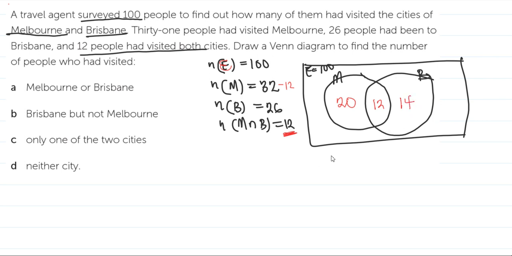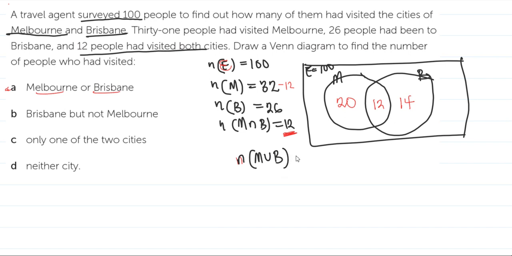The question says in part A that we should draw a Venn diagram to find the number of people who had visited Melbourne or Brisbane. So that will be the number of persons who have visited Melbourne or Brisbane.